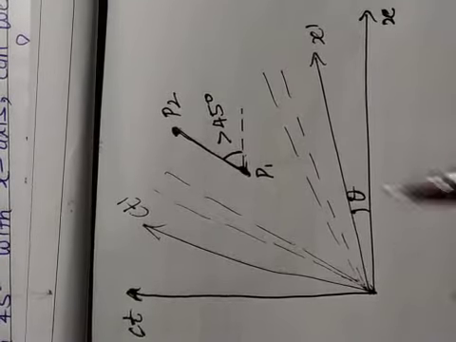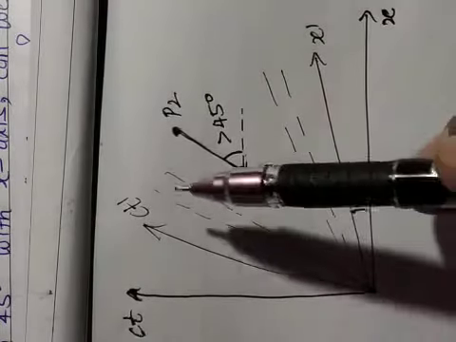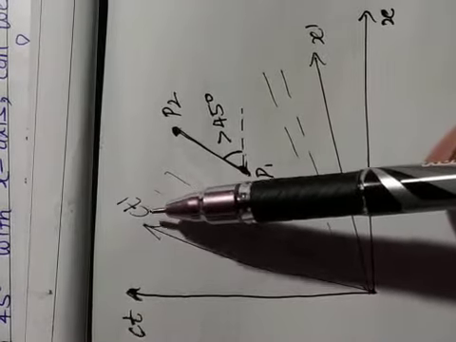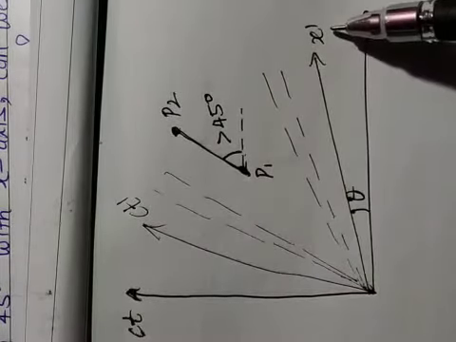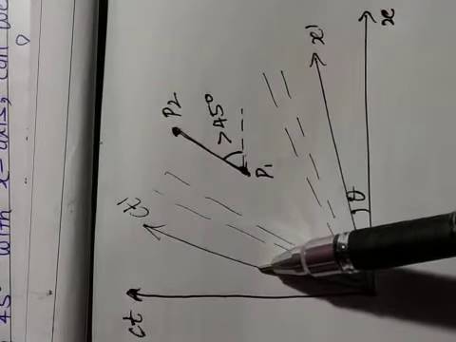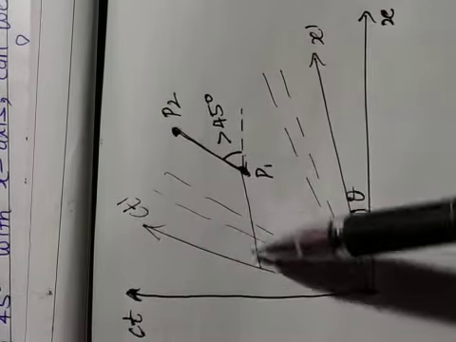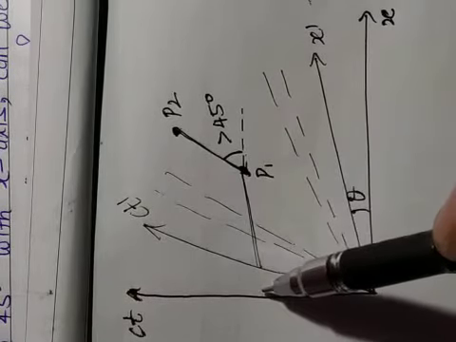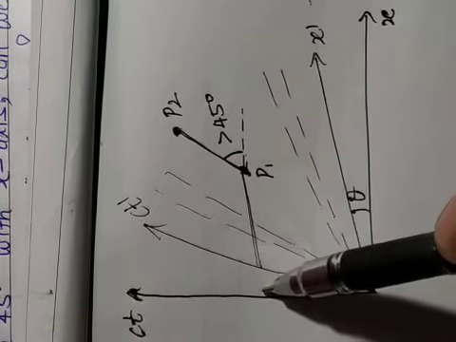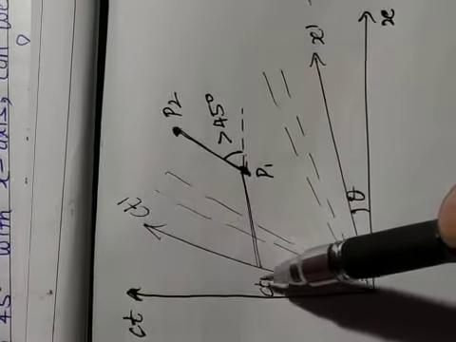I proved it this way: if I want to know the CT prime coordinate of these two points, then draw a line parallel to the x prime line. Draw a line here, which is parallel to this x prime line. This is my CT1 prime coordinate.